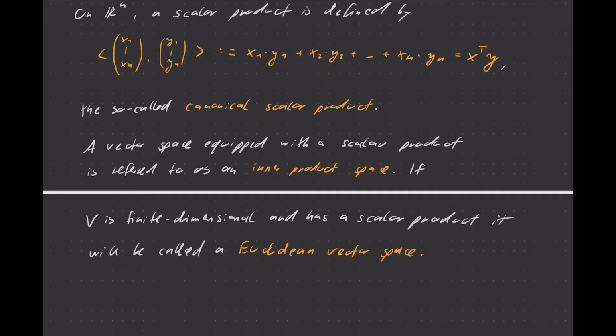And that's our usual case. The Euclidean vector space, just think of R to the n as the most prominent example, equipped with the canonical scalar product.